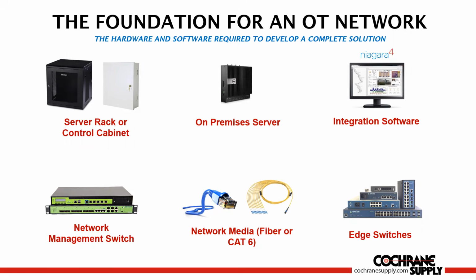Like I said before, Ethernet moves more data. So if we're talking about smart buildings and future-proofing your customers' buildings, we're talking about IP technology. You're going to need to choose your network media, and those switches will use either fiber or Cat6 cabling.